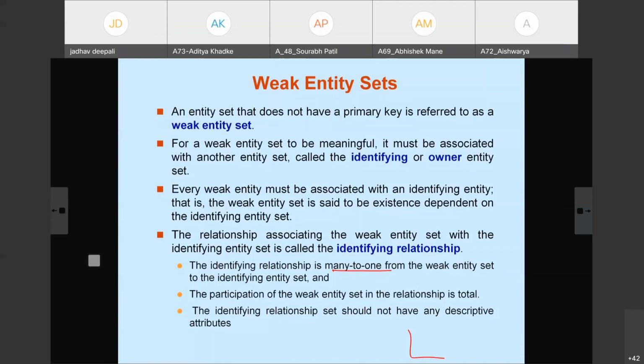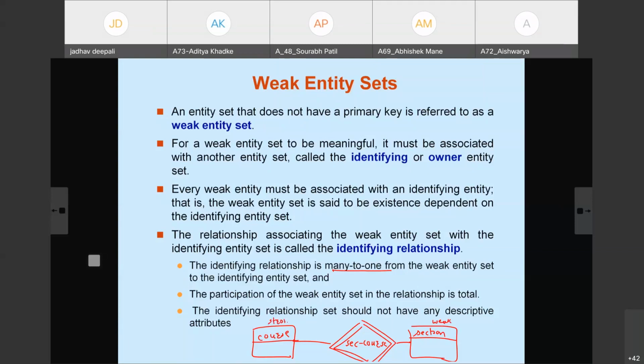So again I draw in short here section and course, and in between the identifying relationship set, section course.